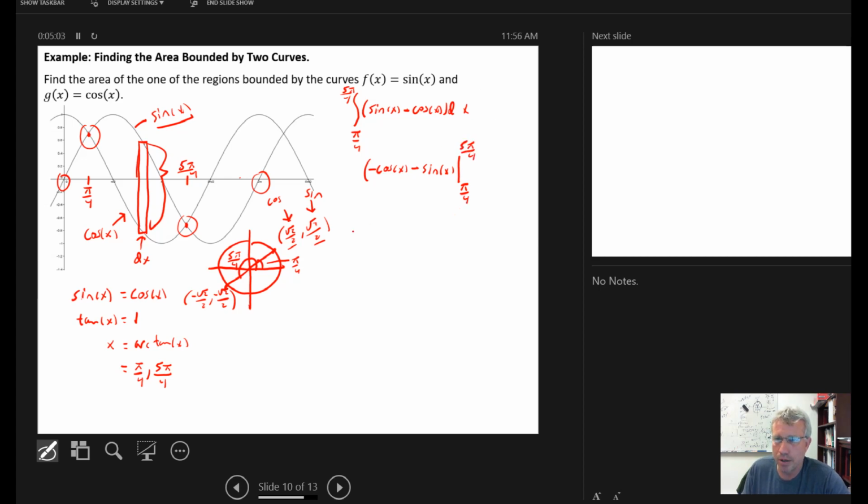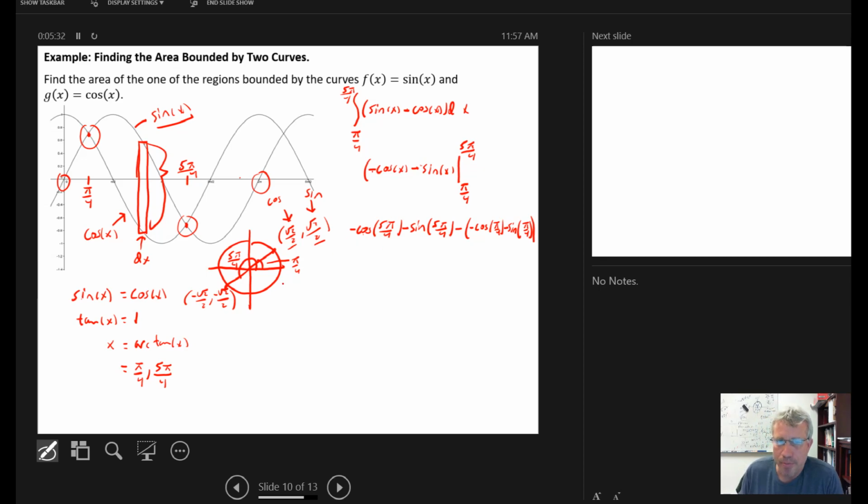So we're going to get minus the cosine of 5 pi over 4 minus the sine of 5 pi over 4 minus, parentheses, the opposite of the cosine of pi over 4 minus the sine of pi over 4, running out of room there.